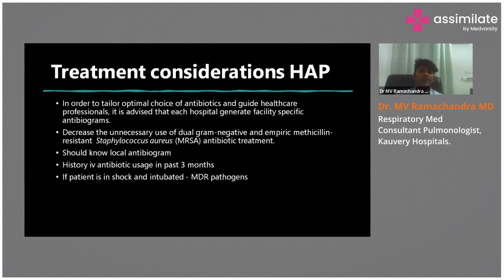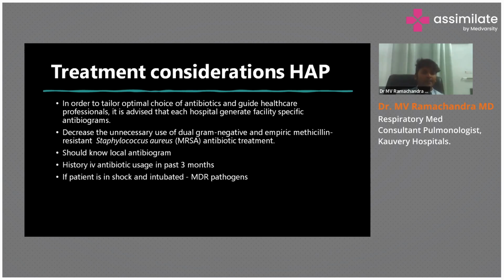So we usually look into that. When we do, we can tailor antibiotics so that we use proper antibiotics which work, and we can remove unnecessary antibiotics. So we should know the local antibiogram.